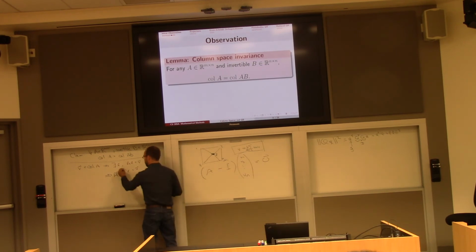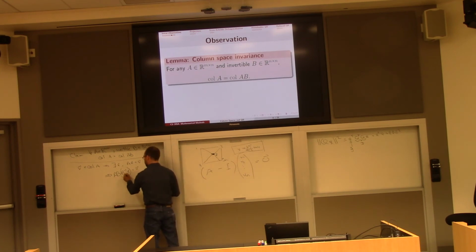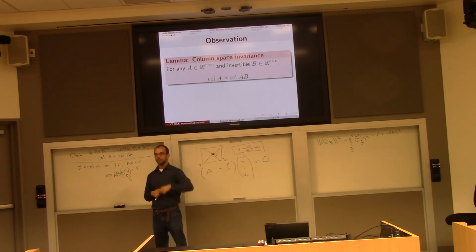And now if I group this like that, you can see that v is in the column space of AB. See what I did there? It's tricky, because B inverse x is just some other vector y, so AB times y equals v. And by making an identical argument in the reverse direction, you can show that this is an inclusion in both directions. Everybody believe this fact?